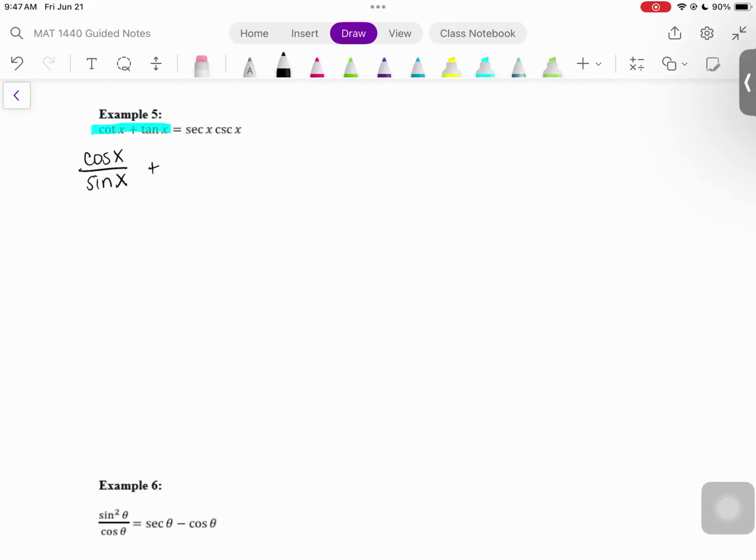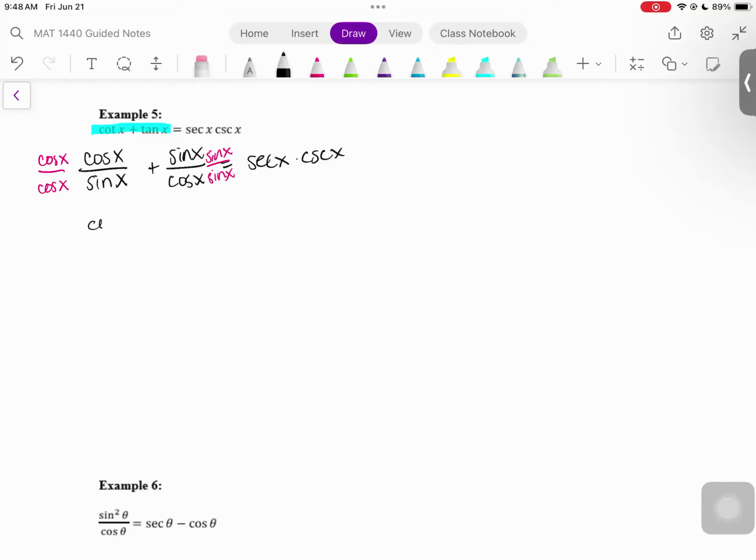Tangent x is sine of x over cosine of x, equals secant x times cosecant x. On the left-hand side, we're going to get a common denominator. So I'm going to multiply my first term by cosine x over cosine x, and my second term by sine of x over sine of x.